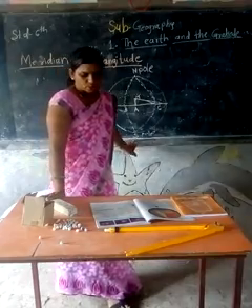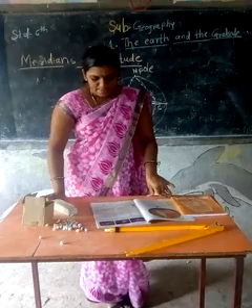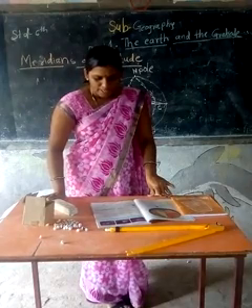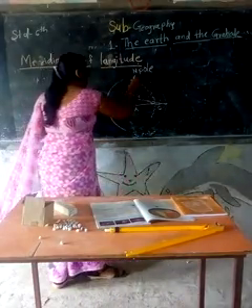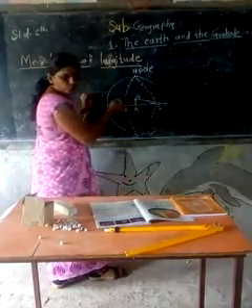In the same way, draw the line passing through point A at 0 and join the north and south pole.